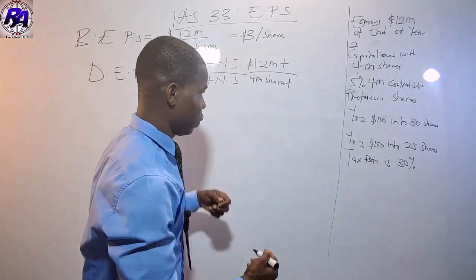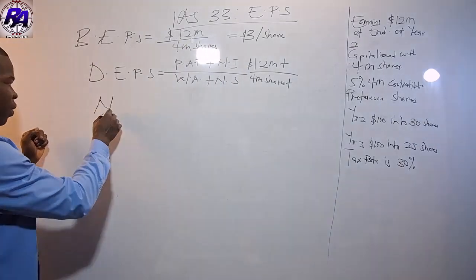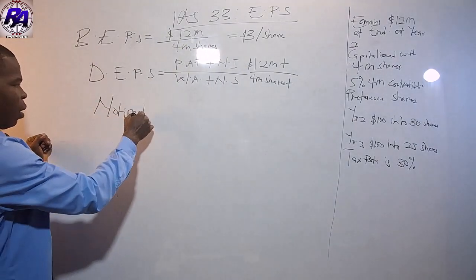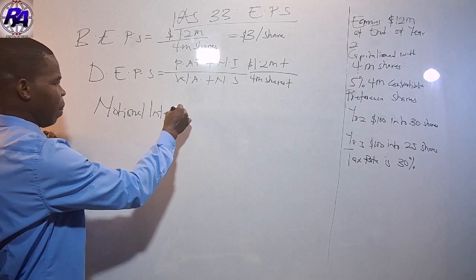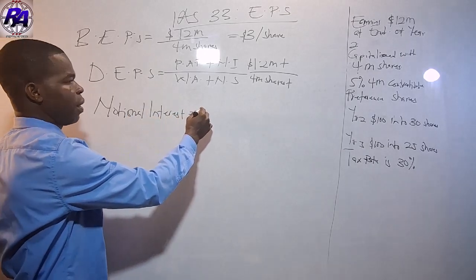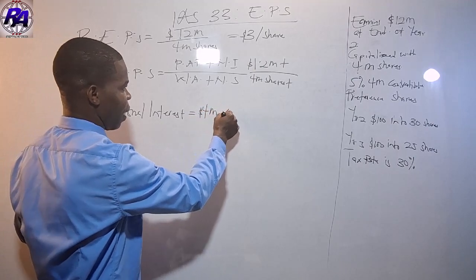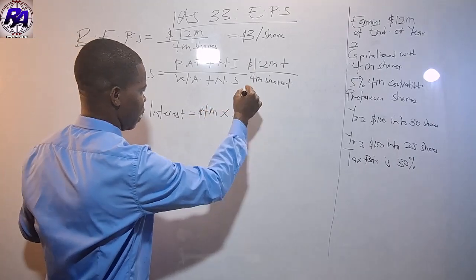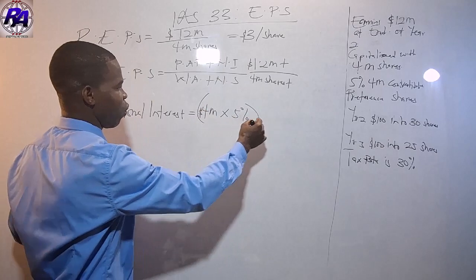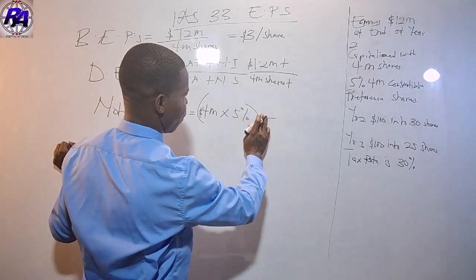So here, the notional interest is going to be the 4 million times 5%. Don't forget that anything you get here, we will take away our tax.